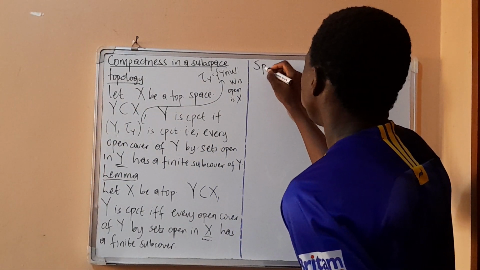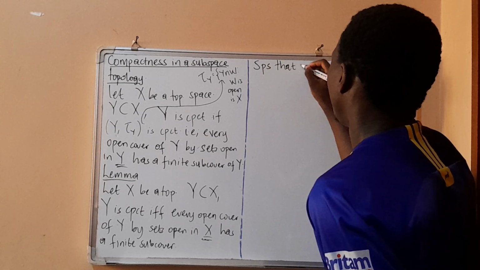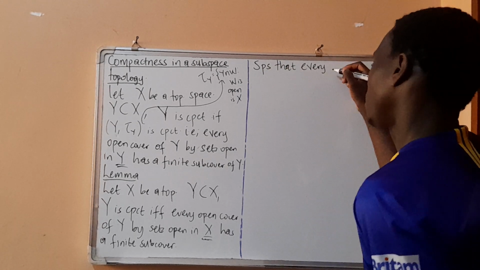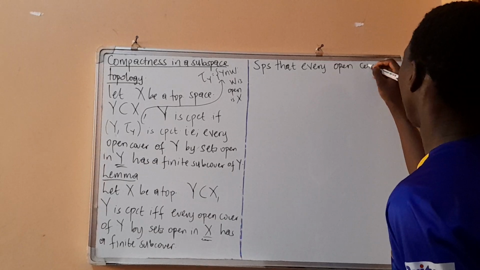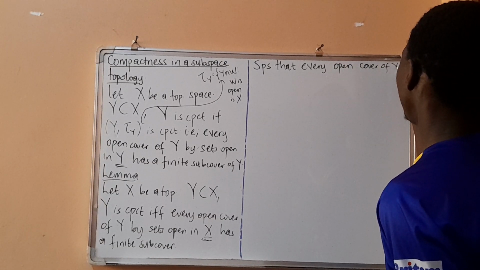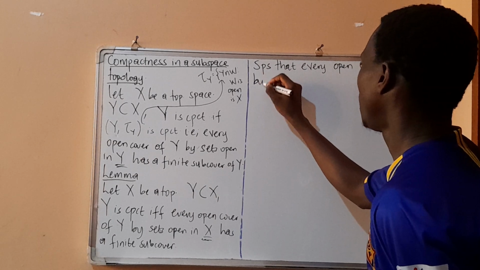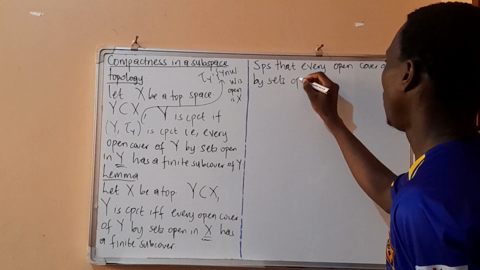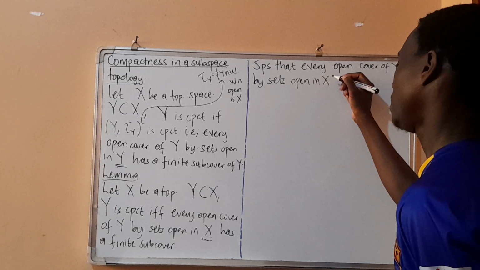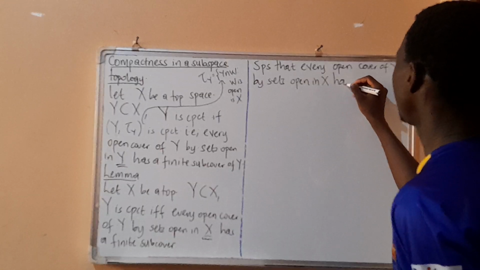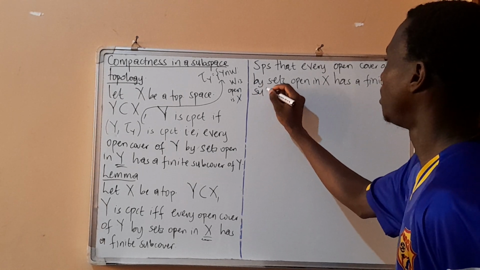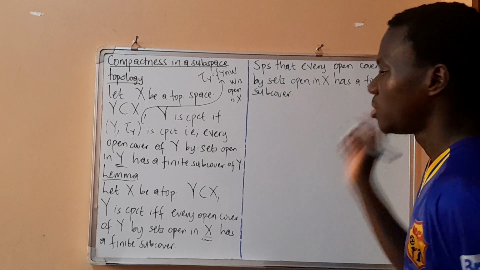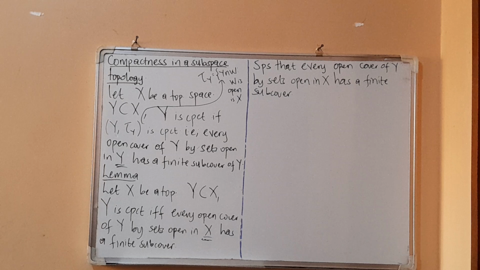So suppose that every open cover of Y by sets open in X has a finite subcover. We show that Y is compact.